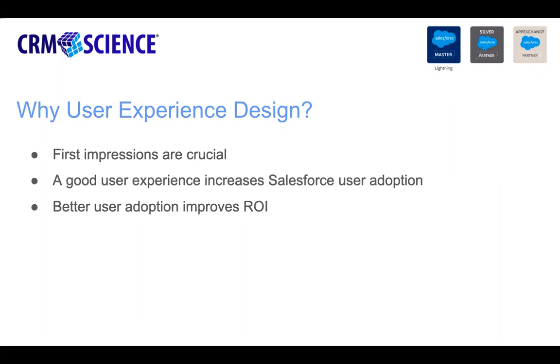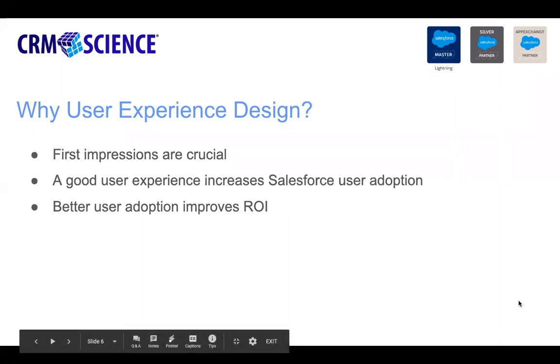Emotions are powerful, but that can work for you because a good user experience design can tap into that power. The emotional impact that we feel is just as much part of the user experience. So ultimately, this can drive user adoption. This leads to improved ROI. So for this reason, user experience design is very important because it ultimately correlates to increased user adoption and increased ROI.